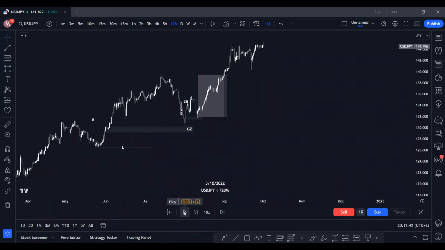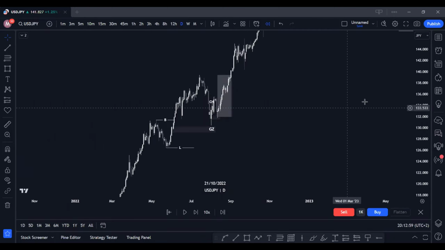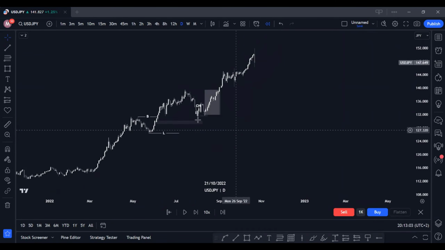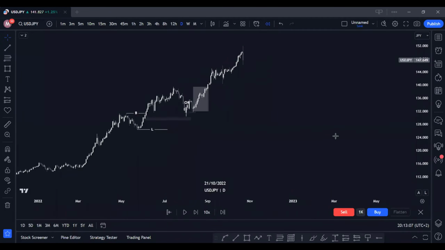Let me just pause price and see. Move to our daily chart. So as you can see, the price continued pushing to the upside, and after it hit our take profit, continued in a bullish trend.